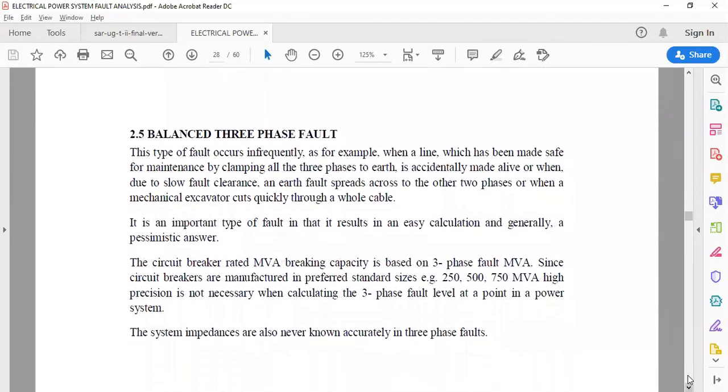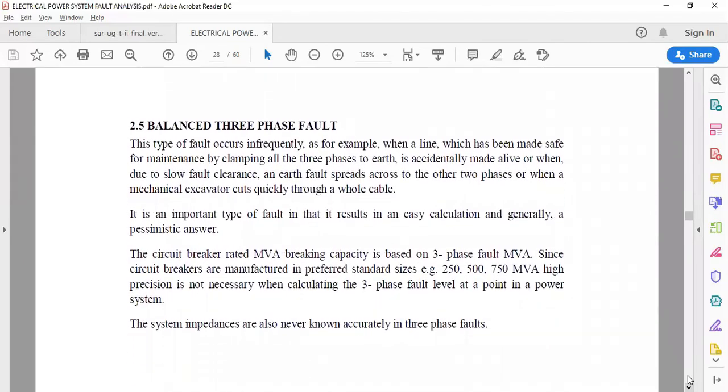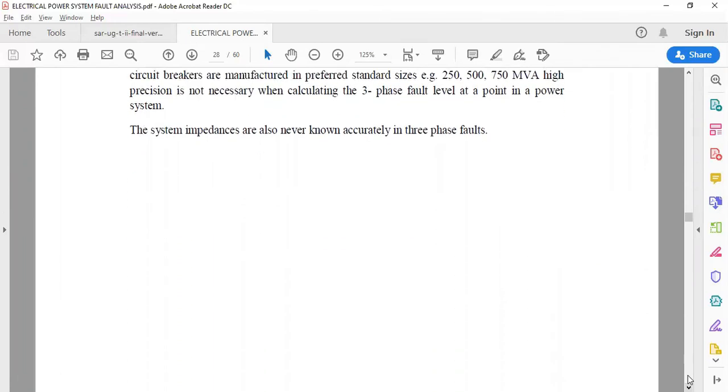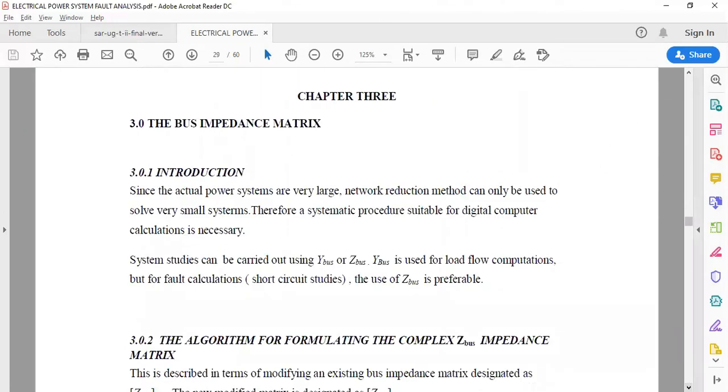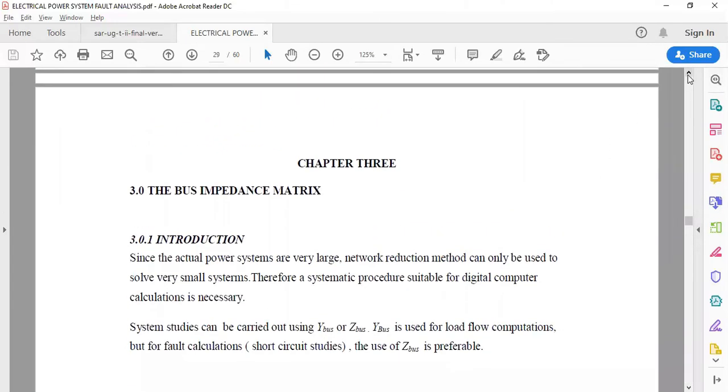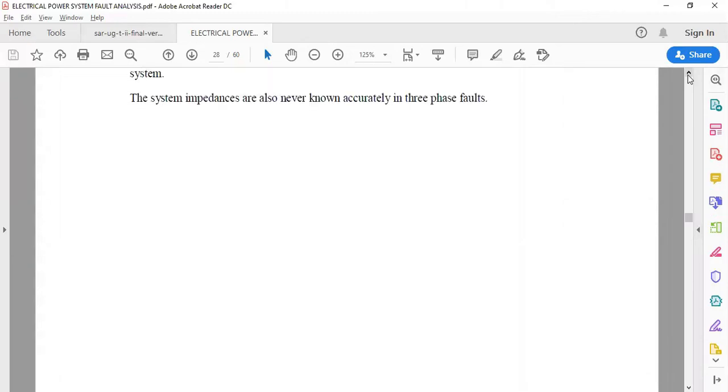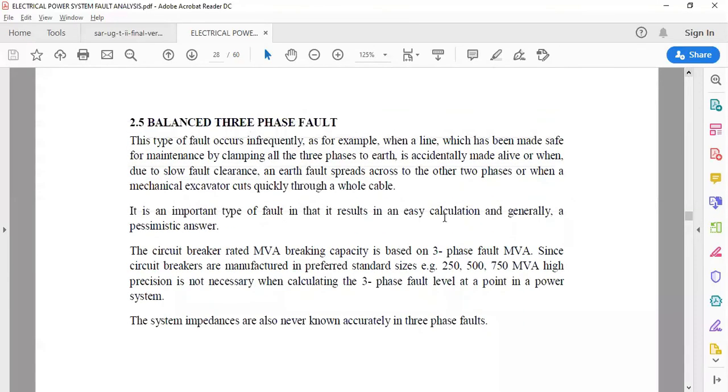Let's move towards a different type of fault, that is the balanced three-phase fault. A balanced three-phase fault occurs very infrequently in the power system.